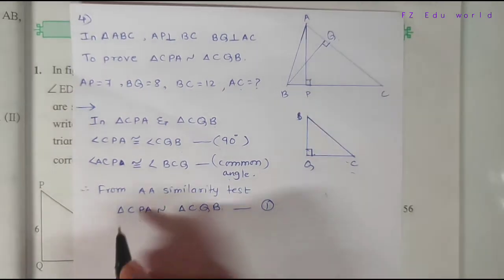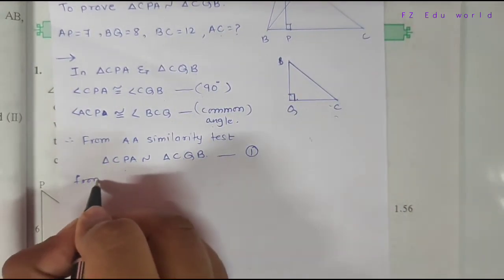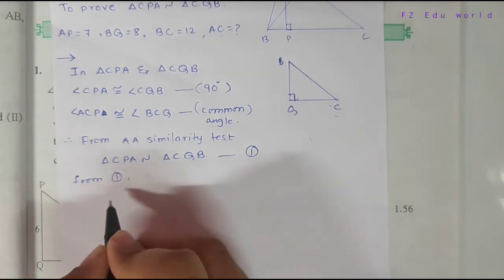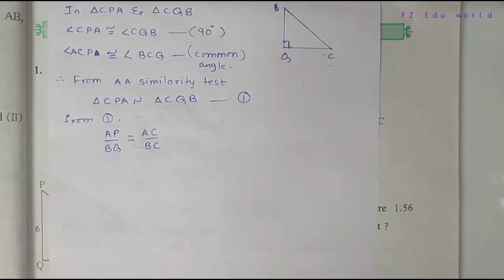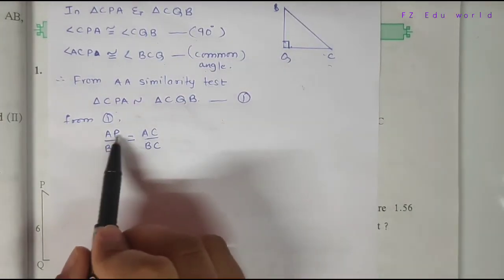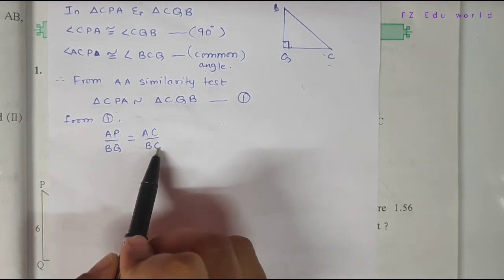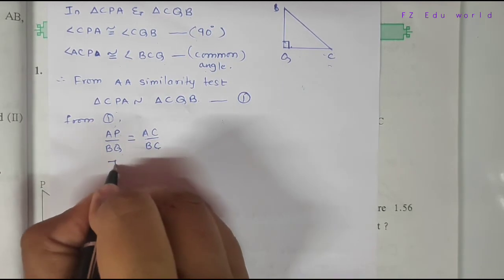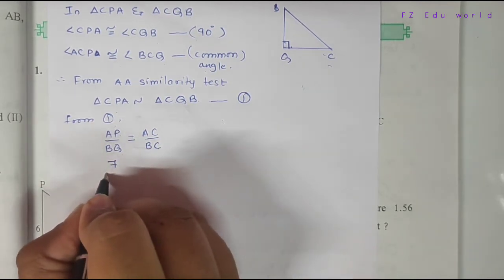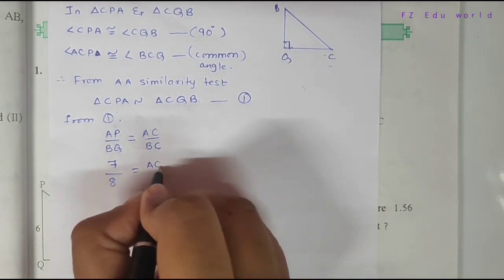Now from equation 1 we can write their sides in ratio. That is AP upon BQ is equal to AC upon BC. Now AP is given to you, 7. 7 upon BQ, which is 8, and AC you have to find out.